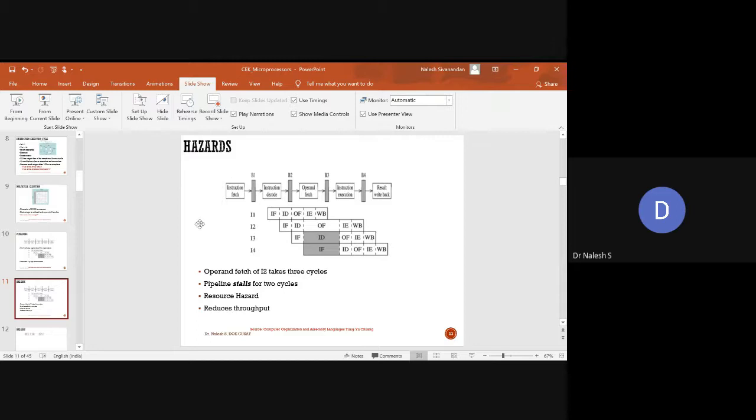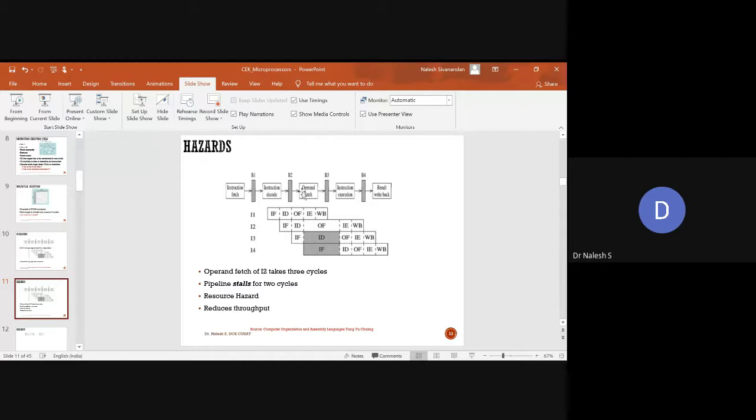Okay, so there are different types of hazards. One of the hazards is known as resource hazard. A resource hazard means, for example, suppose this operand fetch. We are fetching the operands from memory. Fetching the operand may not complete in one cycle because memory is away from the processor. You need more time to fetch the data, which means it might take 3 cycles.